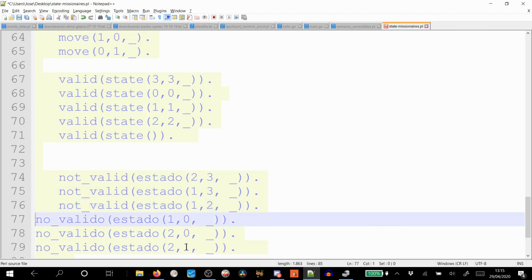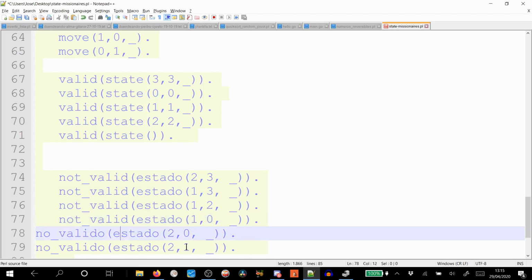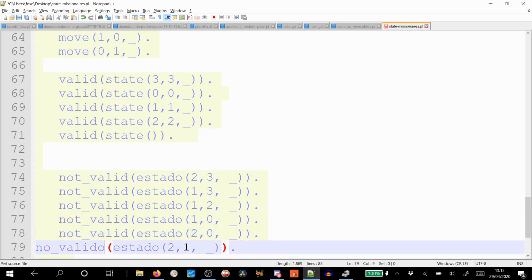Okay. Not valid state. This is the not valid state. It's not valid to have 2 and 3, 1 and 3.